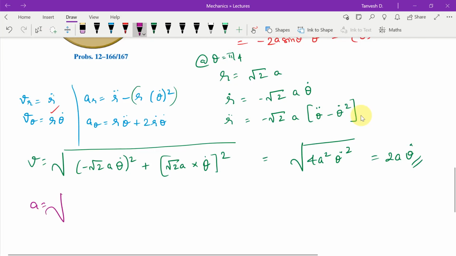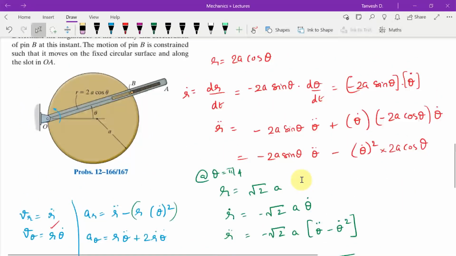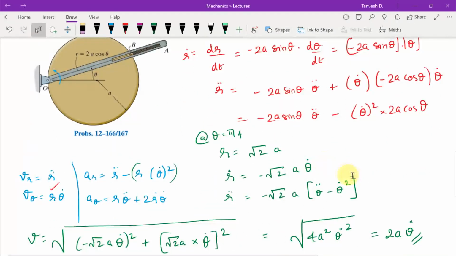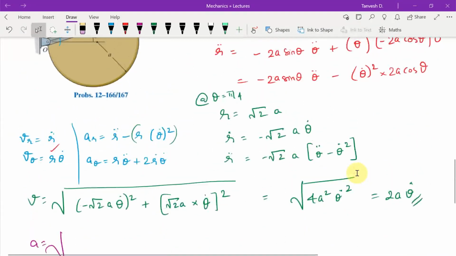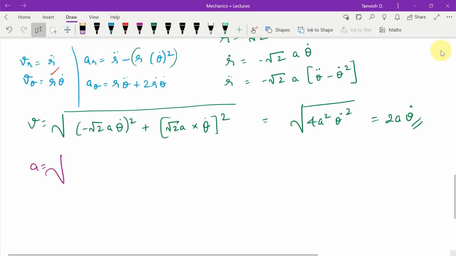And your acceleration. Acceleration is r double dot minus r theta dot the whole square. Okay, this could take a while to solve. That would be r double dot is minus root 2a into theta double dot minus theta dot square.